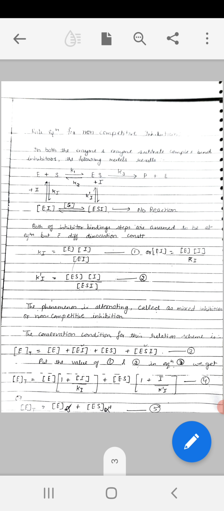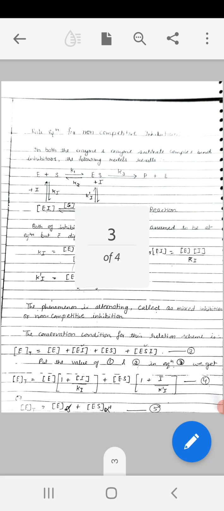The conservation condition for this reaction scheme is, first, ET gives you E plus EI plus ES plus ESI. Put the value of 1 and 2 in equation 3. From 1, EI is equal to E into I upon Ki.